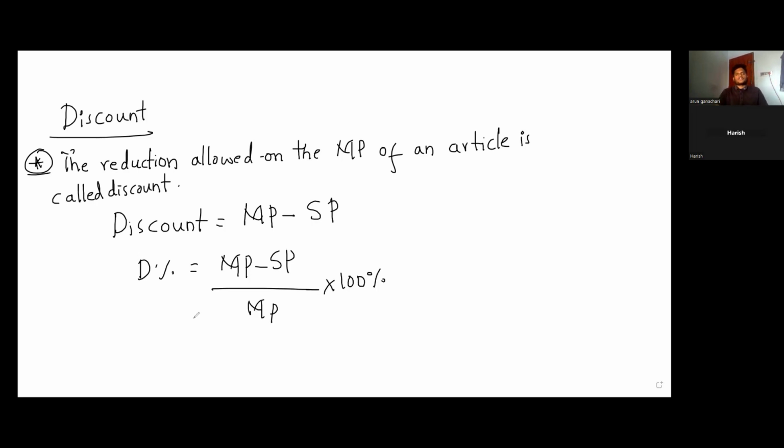Remember, when you are doing profit and loss, the denominator will always be cost price. But when we are doing discount, the denominator will be marked price. This is the difference.